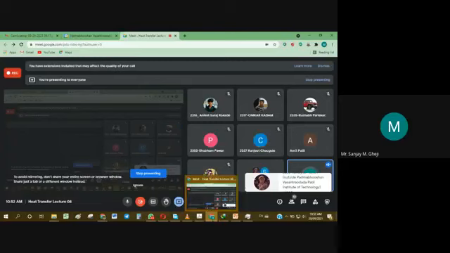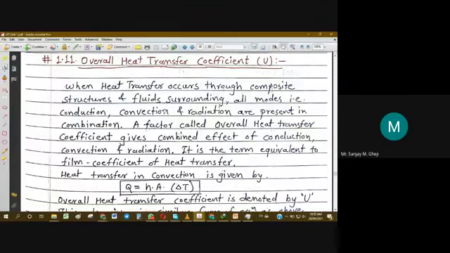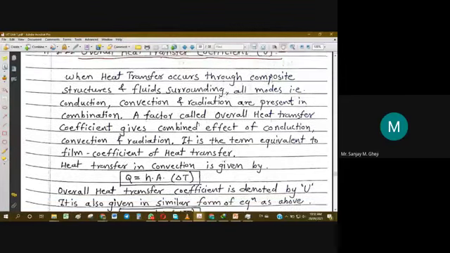In practice there are many cases in which we have to handle all modes of heat transfer, and whenever such a situation occurs, a factor called overall heat transfer coefficient will be defined, that will give us the combined effect of all three modes: conduction, convection, and radiation.